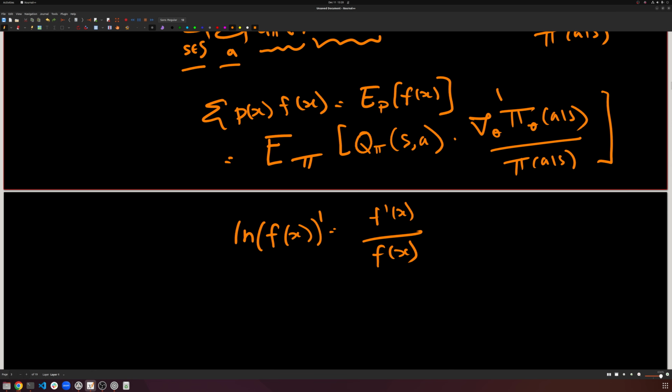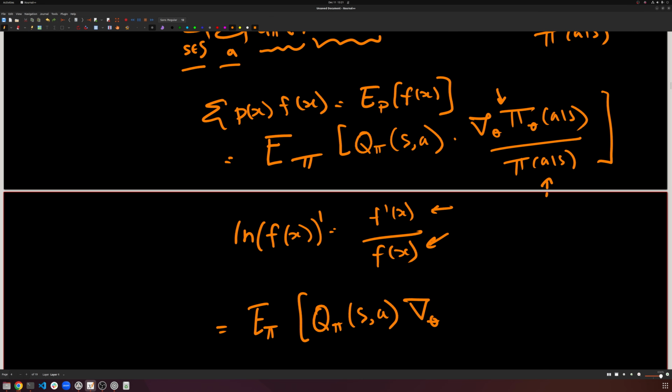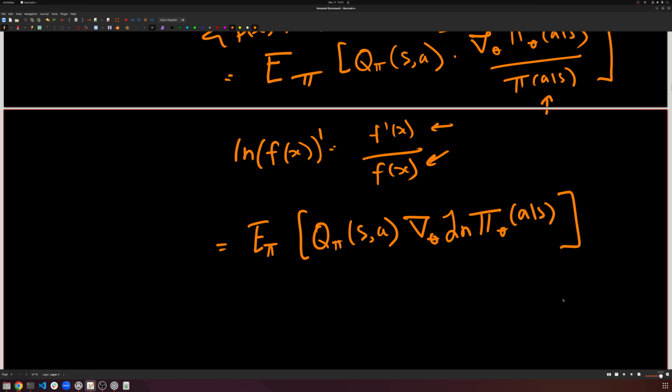What we have is the derivative of a function divided by that same function, which means all we need to do is write it like this. So the final form: the expectation over pi of Q pi(S, A), and then instead of writing it as a fraction, we write the derivative over theta of the natural log of pi theta(A given S). And this is officially the final form that you'll typically see.